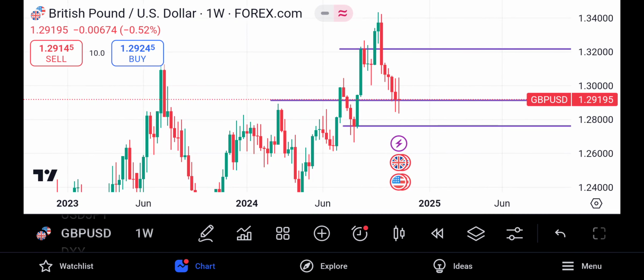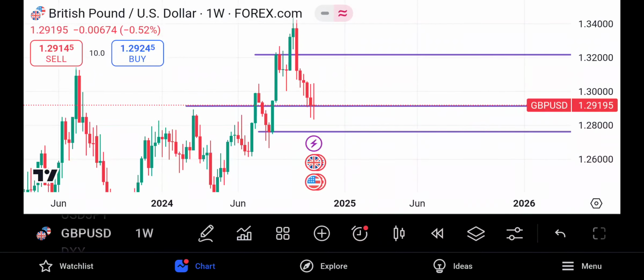So from the weekly now, you can see the market is giving us this bullish structure right over here, but something happened after this particular level. Yes, that was a high.